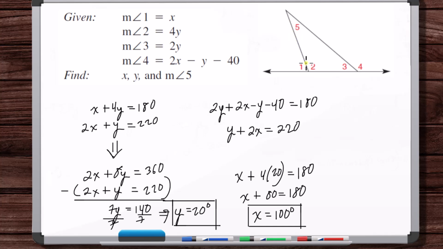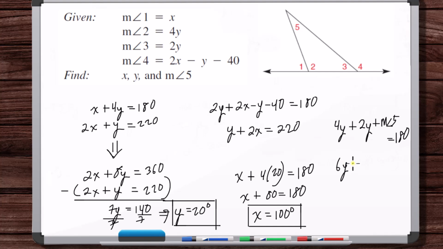So we just need to sum the measure of angle 2 plus the measure of angle 3, which is 4y plus 2y. Then plus the measure of angle 5 is going to be equal to 180.